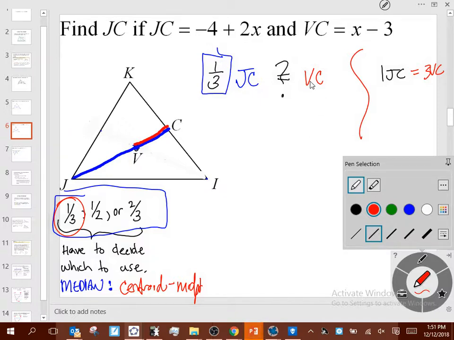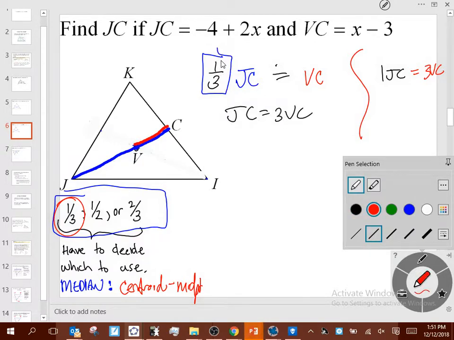And now my question is, is that really anything different? Are those two things different, or are they the same? They're the same, because when I look at this one, my first step, whether I substitute first or do that second, is to get rid of that 1/3, right? So I multiply both sides by 3. Does that give me JC is equal to 3 VCs anyways?